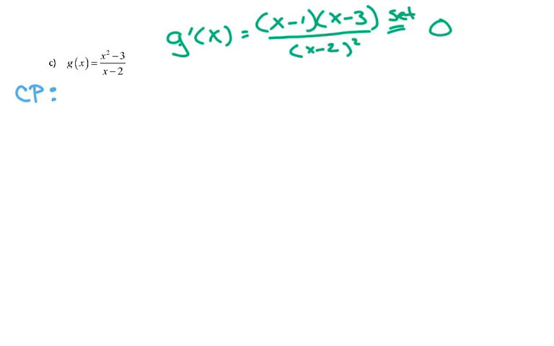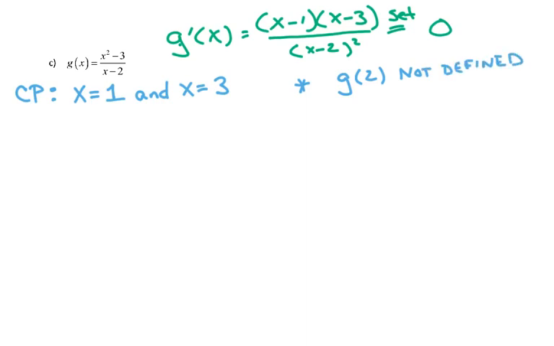So these will occur when x equals 1 and when x equals 3. And keep in mind, g of 2 is not defined, and neither is the derivative there.